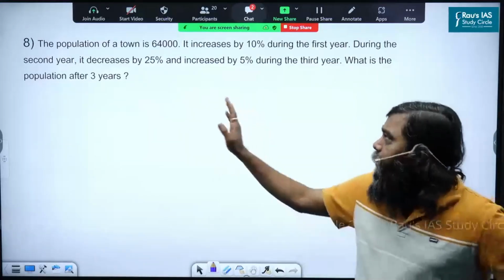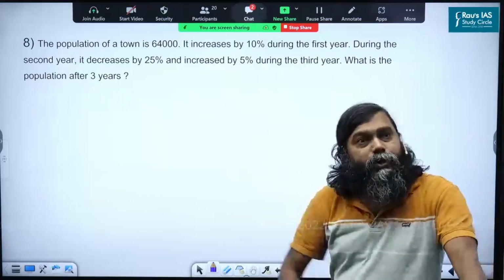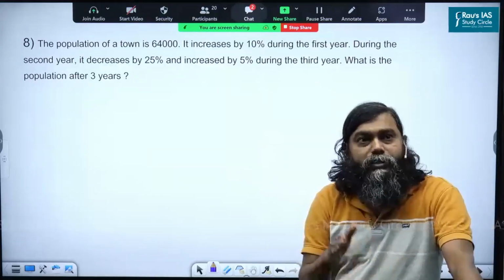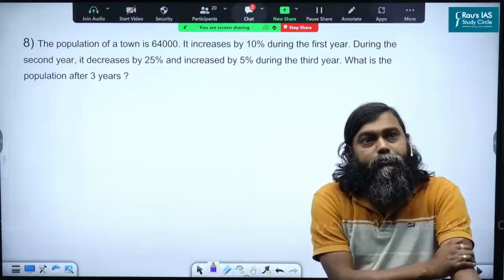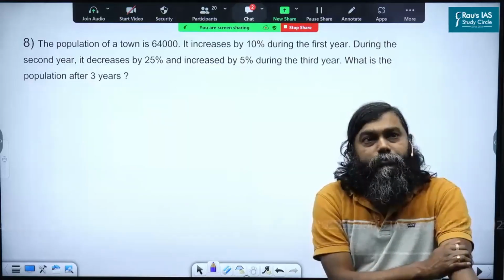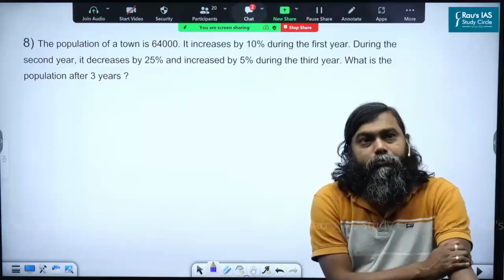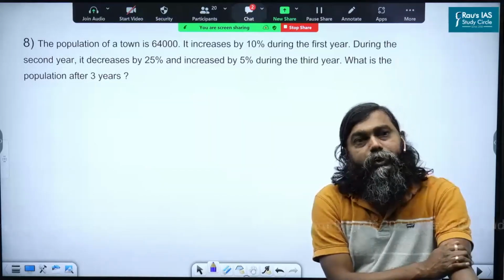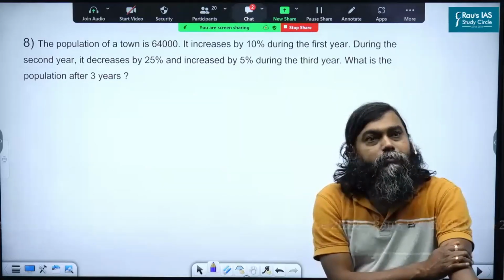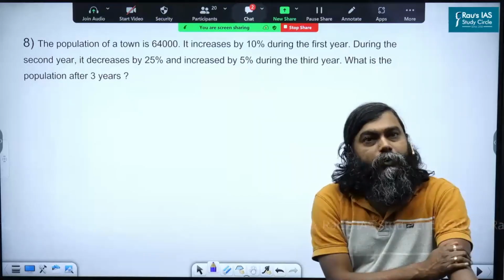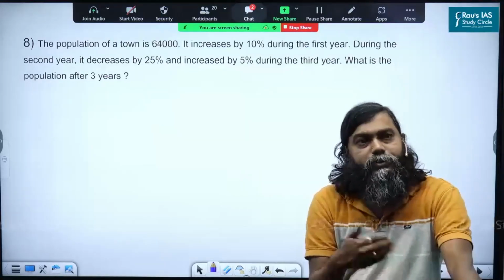During the second year, during the third year. So can this question be solved by successive changes or not? Yes, sir. Why can we solve this question by successive changes?